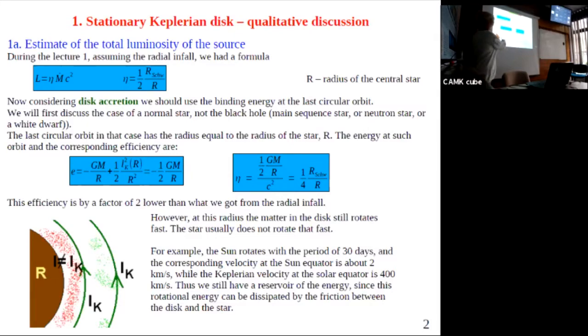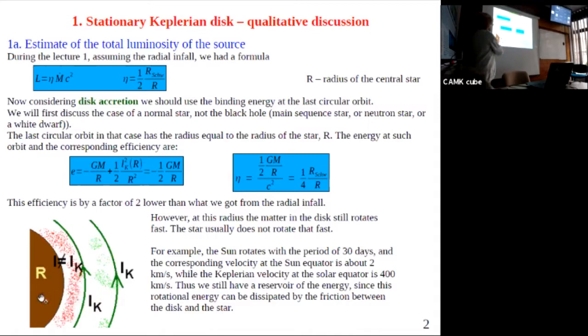So this is why at the same radius, radial inflow is more efficient, because then the material comes to a stop at the stellar surface, because it just falls down and stops here, while here it approaches along circular orbits, and half of the energy is still retained in the form of kinetic energy.